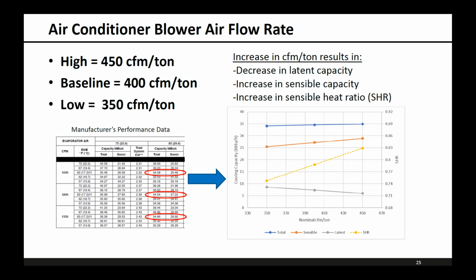That results in an increasing sensible heat ratio, which is just the sensible cooling capacity divided by the total cooling capacity. At 350 CFM per ton, the SHR is around 0.75, and as the supply airflow is increased to 450 CFM per ton, the SHR goes up to 0.83.